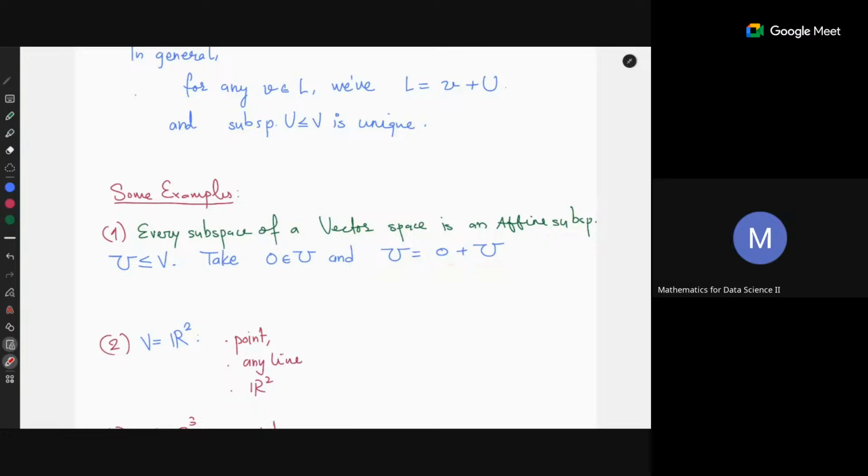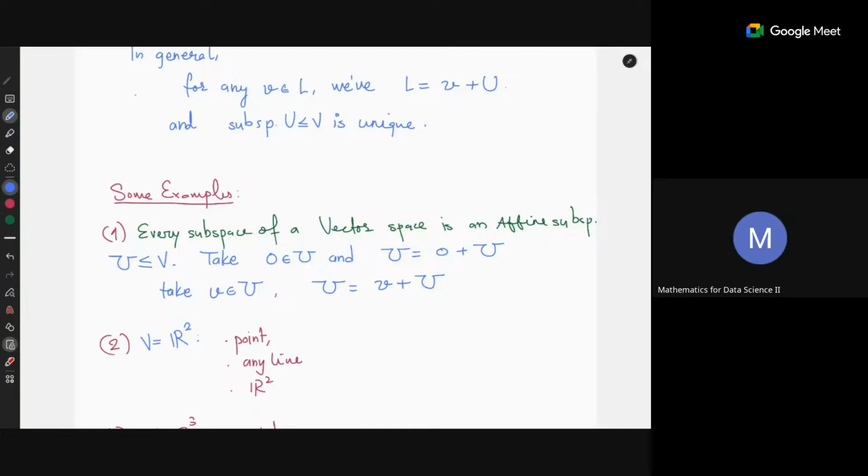Or you can take any other vector also. Take some v which is in U, and you can also express U as v plus U because ultimately U is closed under addition.